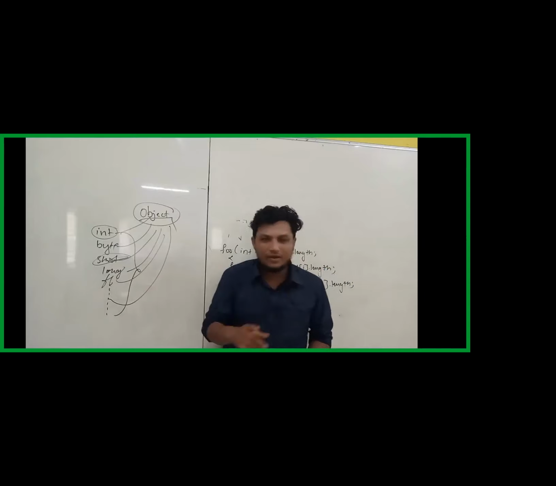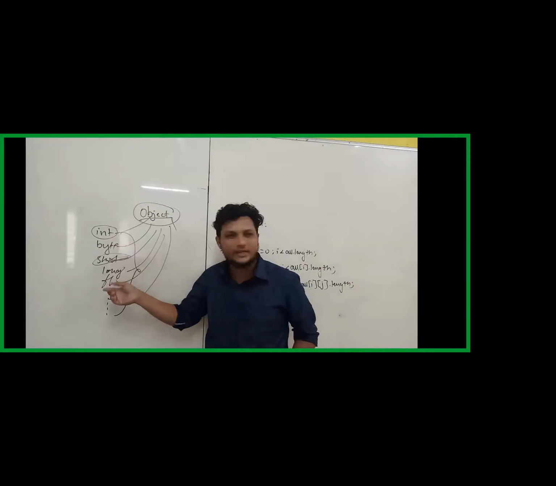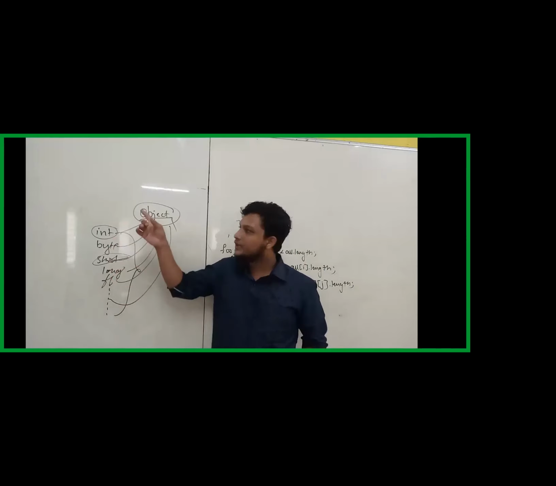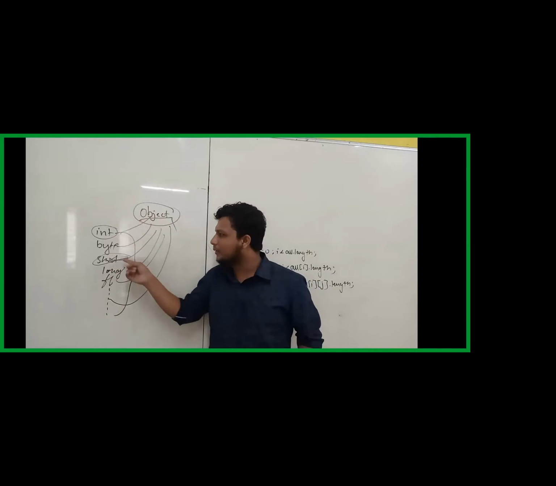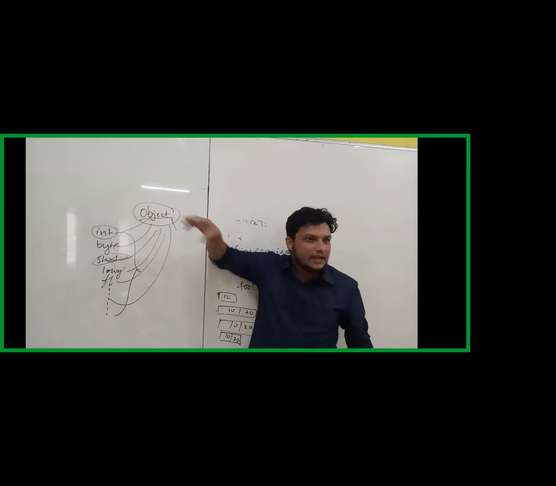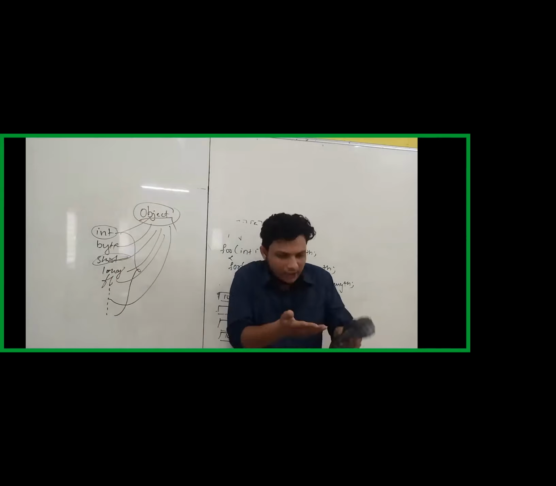Now, heterogeneous means in an integer array, if I store byte and short, it is heterogeneous. In the Object array, if I store int, byte and short, it looks like heterogeneous. But what type is it? Object has the capability of storing int, short, all the different types. It means it belongs to Object only.